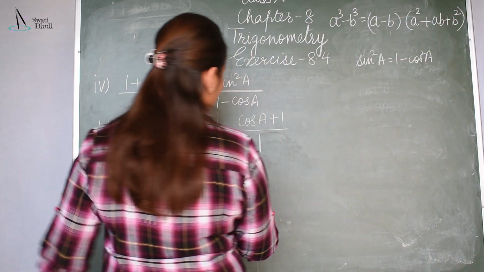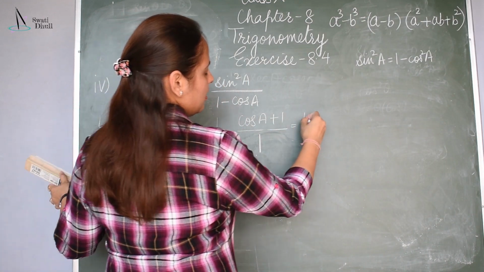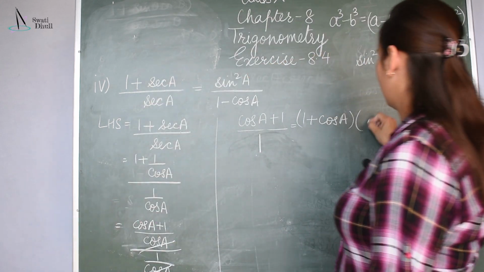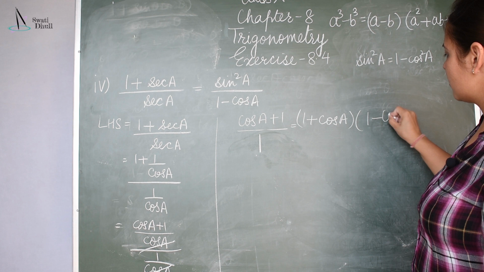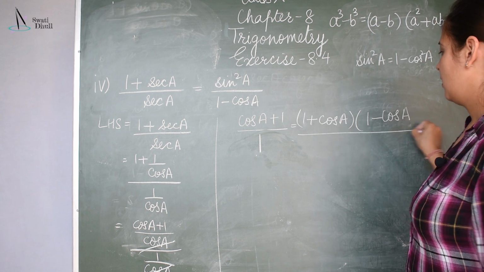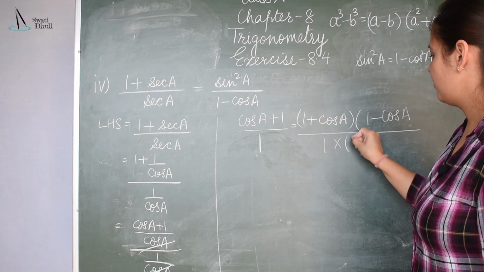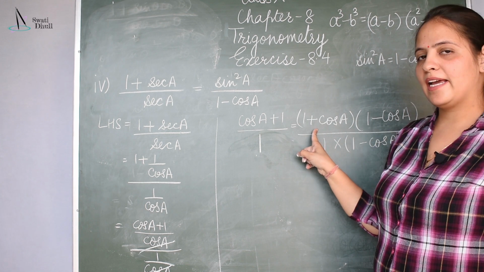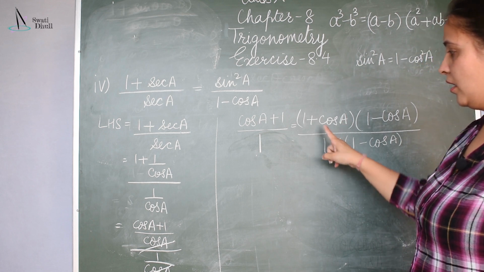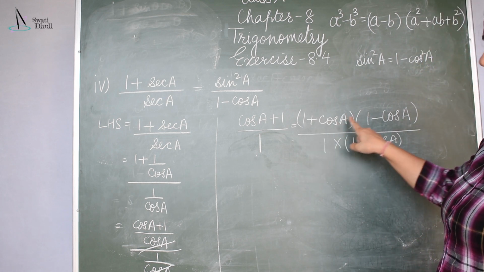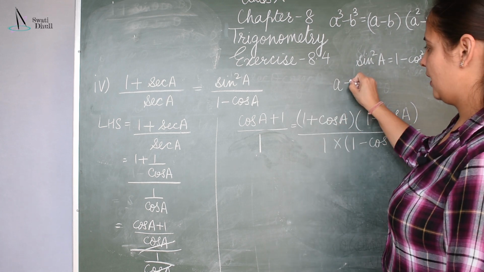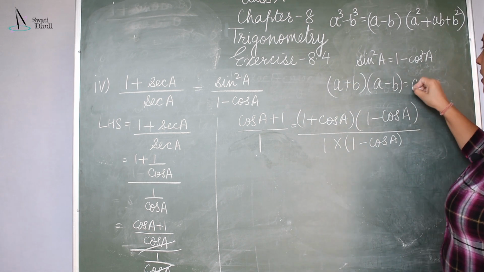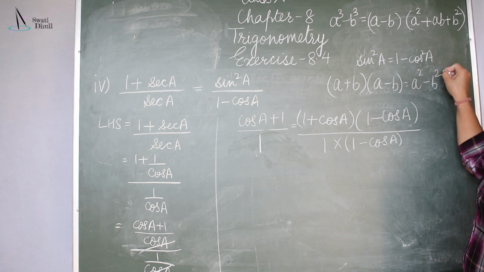What will I do? I can write this as 1 plus cos A, and multiply with 1 minus cos A, into 1 minus cos A. In the numerator, what will I get? 1 minus cos square A, because A plus B into A minus B is equal to A square minus B square.